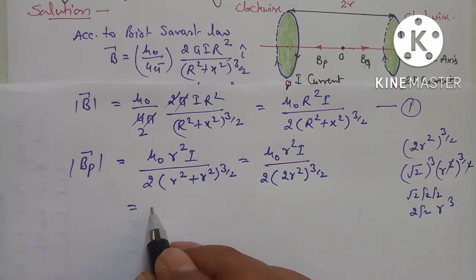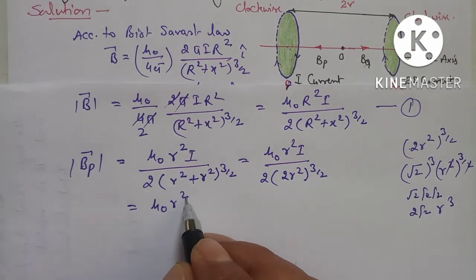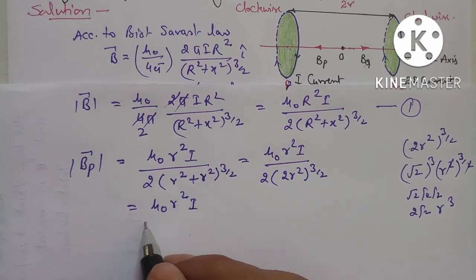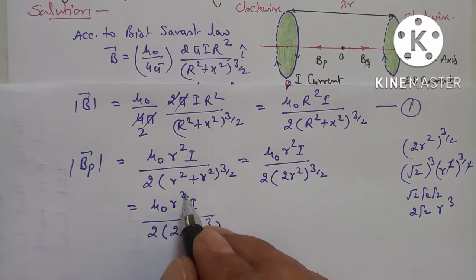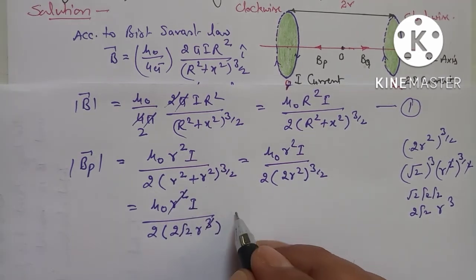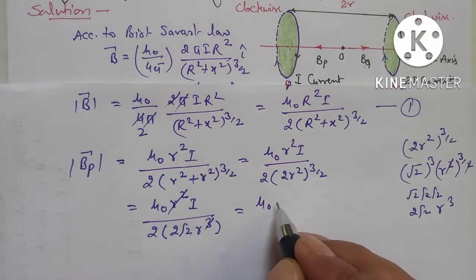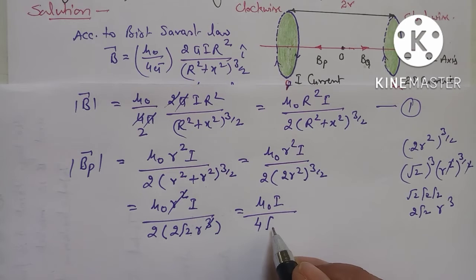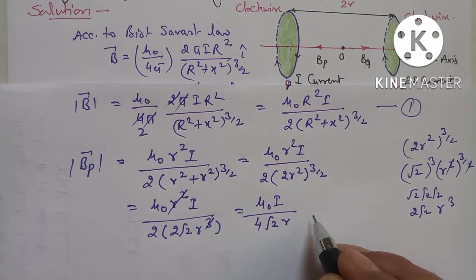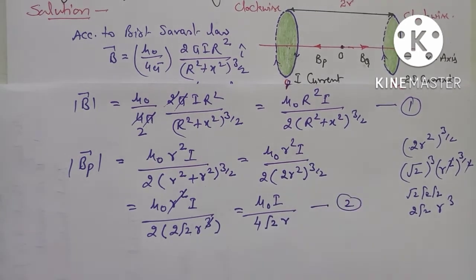So this is equal to mu naught r square I over 2 root 2 r cube. The r square cancels with the r cube, and we are left with mu naught I over 2 times 2 root 2 r, that is mu naught I over 4 root 2 r. This is equation number 2.